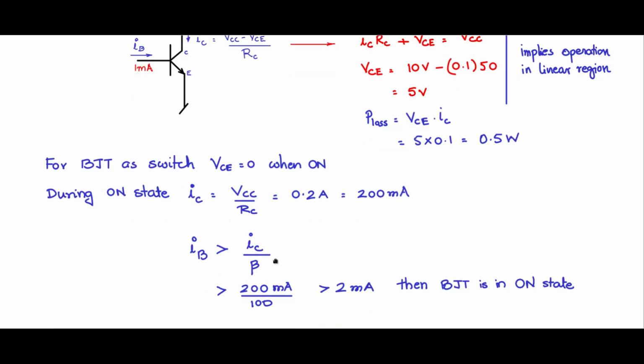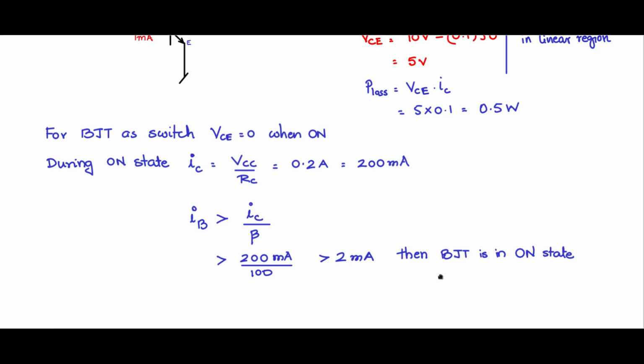So this would be the condition for the BJT to go into the saturation state and act like a switch in the on state. The base current that you inject should be greater than the collector current divided by beta. Then the BJT is in the on state.